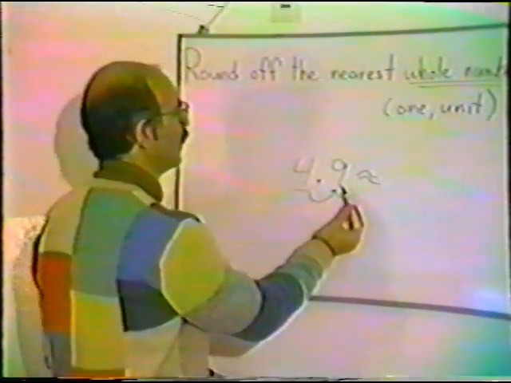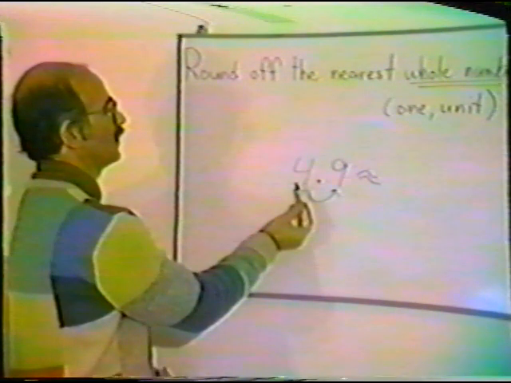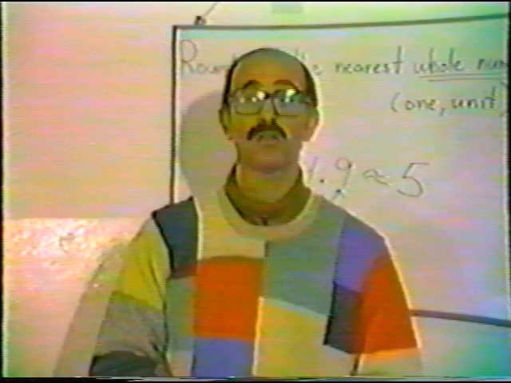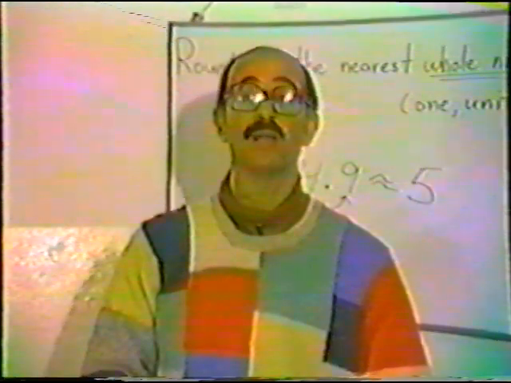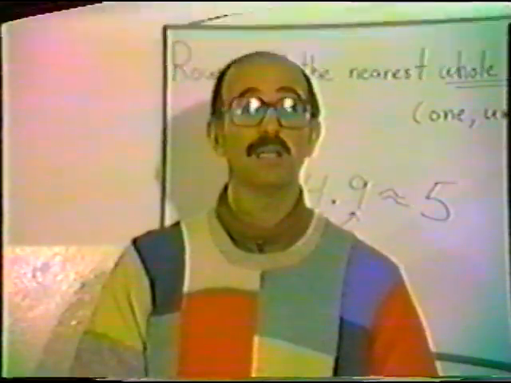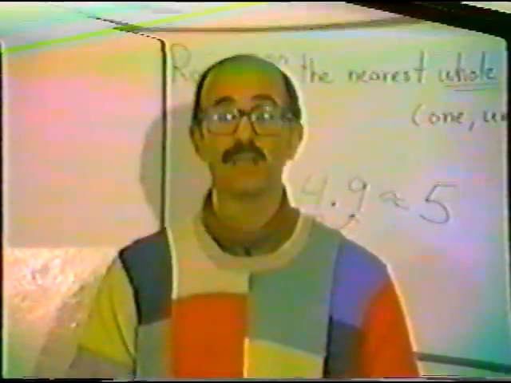The 9 tells us that what happens to the 4? It goes up. It goes up and becomes 5. So we're saying that 4 and 9/10 is just about 5, approximately 5.